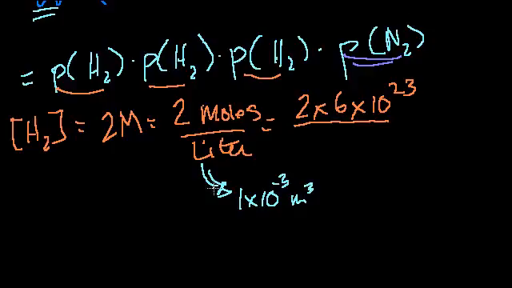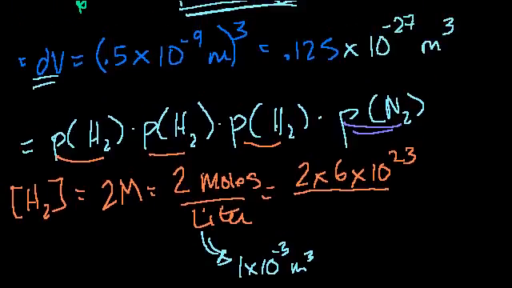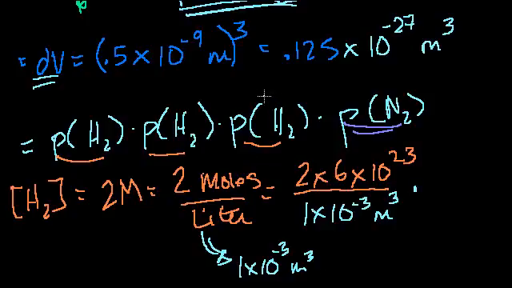If you actually take a meter cubed, you can put 1,000 liters in there. So 1 times 10 to the minus 3 meters cubed. And then if we want to figure out our dV, how many meter cubes are there per dV?